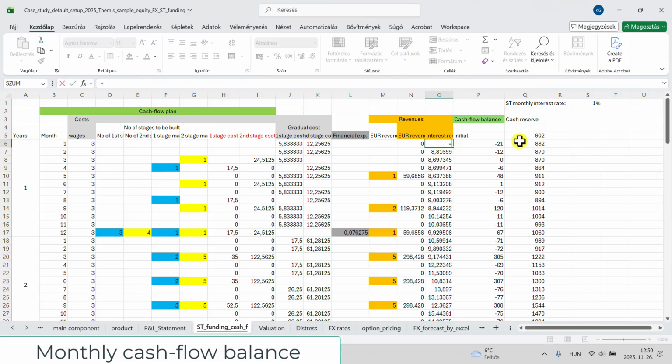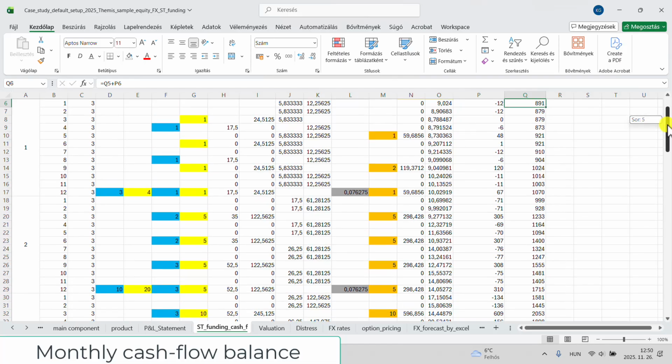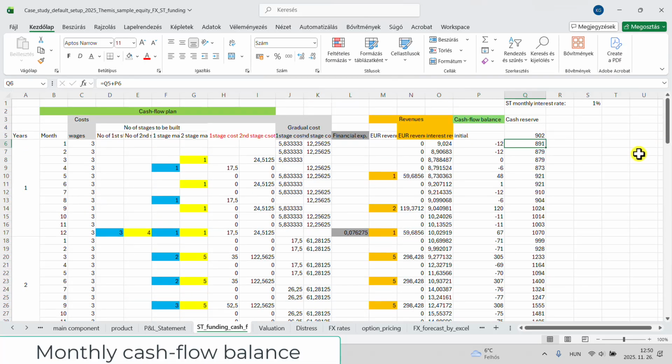Or still we can say that here we are just getting the interest rate on the initial reserve, and then with it, seemingly we don't need to be so conservative with my financial runway.